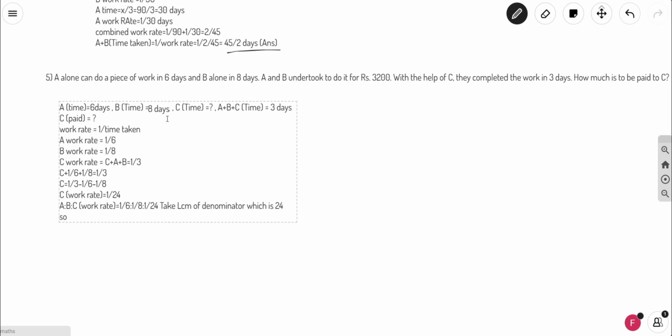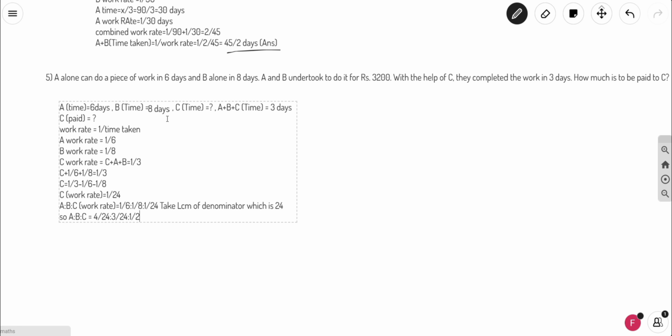Take the LCM of the denominators, which is 24. So A is to B is to C is 4 upon 24 to 3 by 24 to 1 upon 24, which becomes 4 is to 3 is to 1.